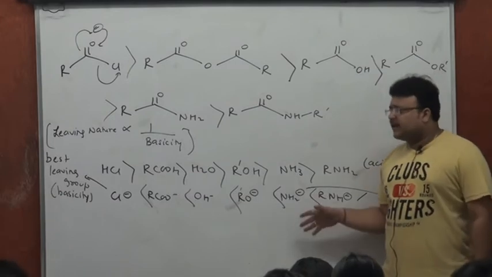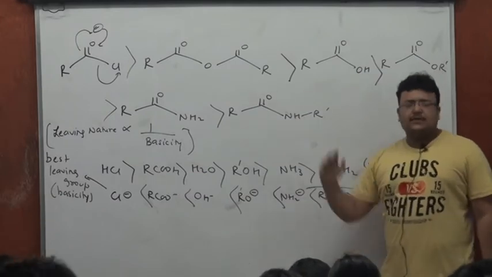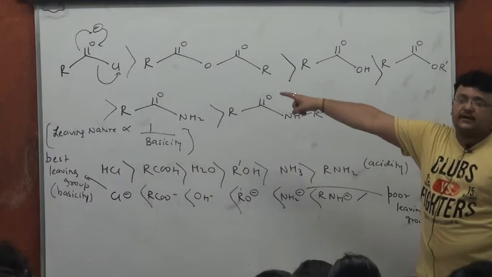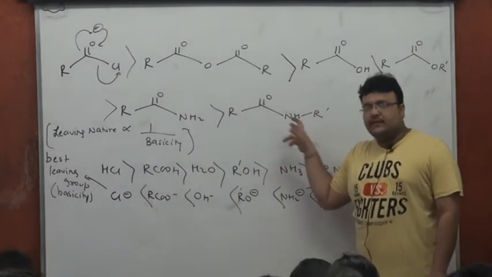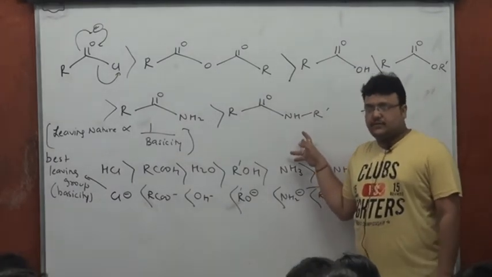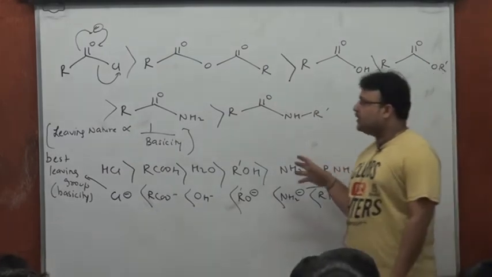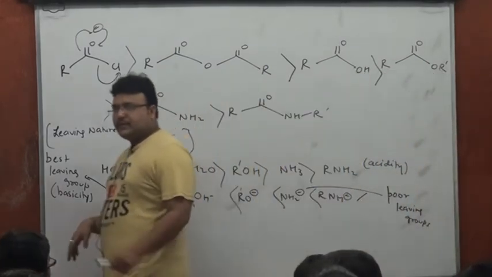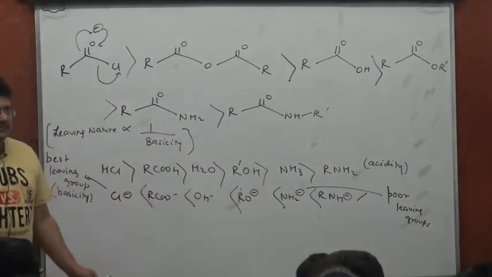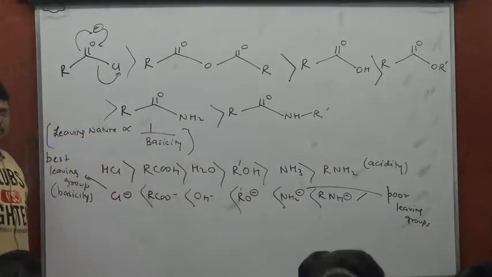We'll want to again obtain it from the very first principles. We'll understand acid halides will be the most reactive and amides or its derivatives will be the least reactive. Halides will be most reactive because Cl minus or X minus is going to be the best leaving group. Yes or no?